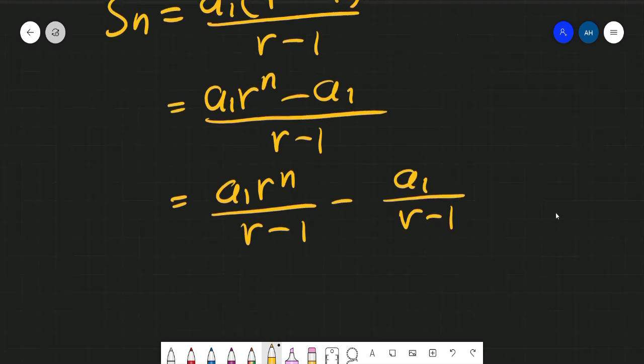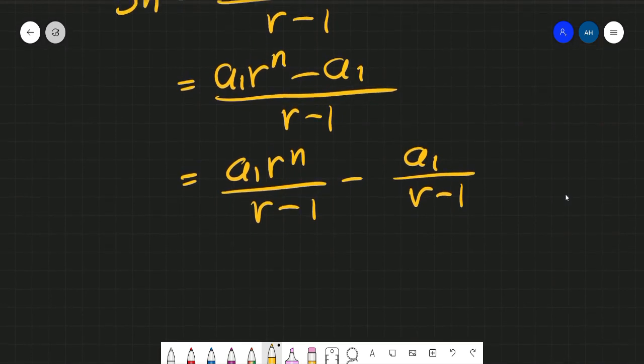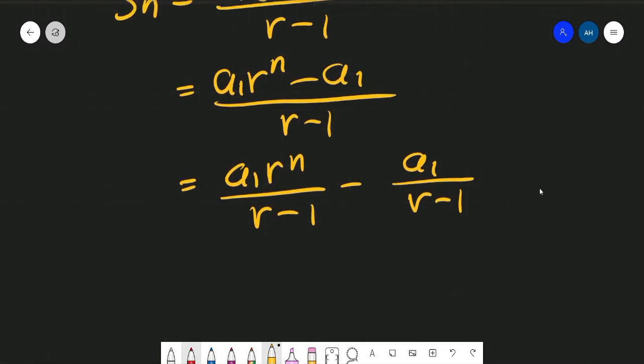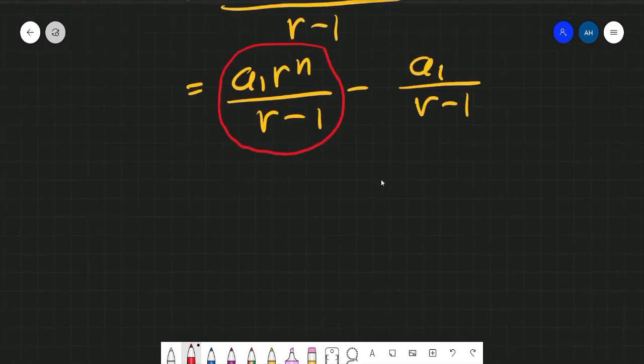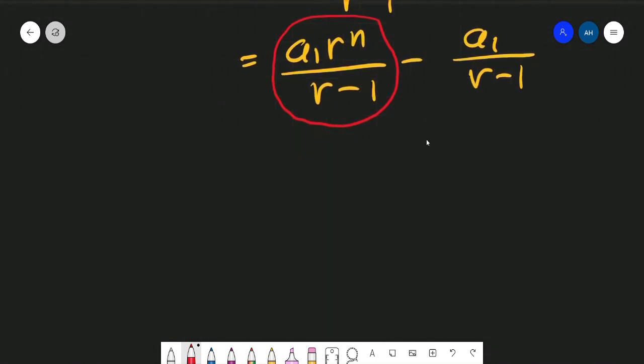Now we would like to focus more on the first term. What happens to this term? Because in this case, we want to see what happens when n approaches infinity, since the terms in the sequence that we are adding are infinitely many. I want to copy it down here: a1 r to the power n divided by r minus 1.